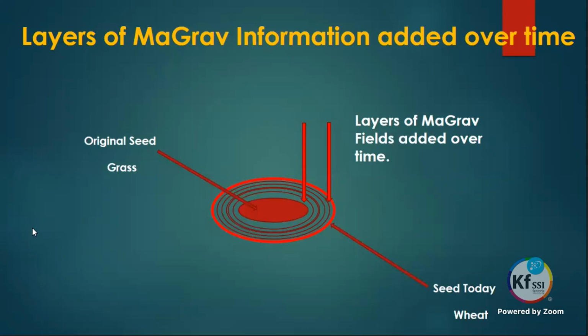And so that seed builds and builds this information over time to the point where we have that wheat seed today. So it's just layers and layers of magnetic and gravitational information.